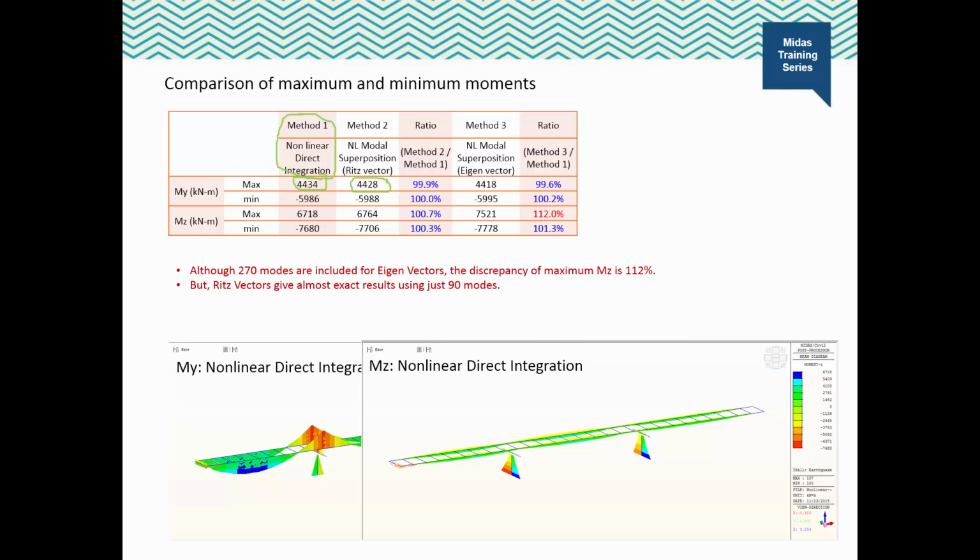For modal superposition using the Ritz vector, we can see that the results are accurate for all the forces, and for modal superposition using eigenvector, the maximum discrepancy is 112%. So using method 2, we are getting almost the exact results, and we have used only 90 modes, and the analysis time is also very less.